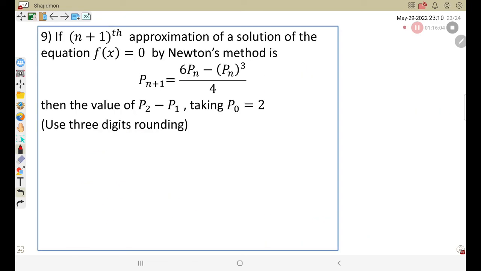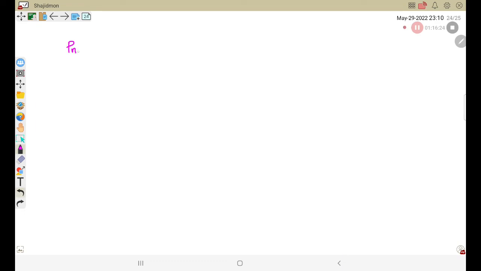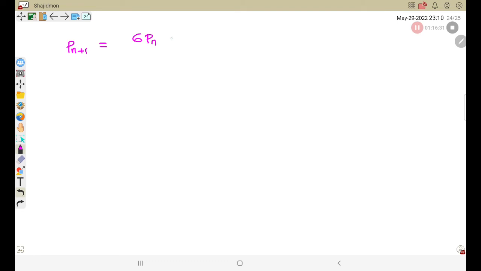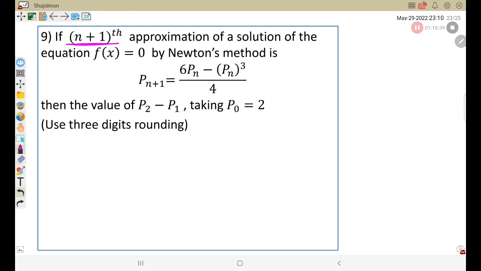Question number 9. It is a little bit easy. What is the question? If the n plus 1th approximation of the solution of the equation f of x equal to 0 by Newton's method is Pn plus 1 equals 6 times Pn minus Pn power 3, divided by 4.